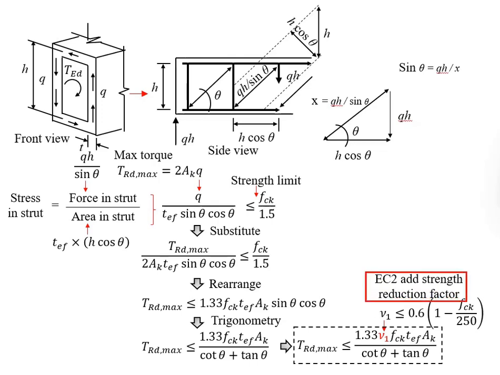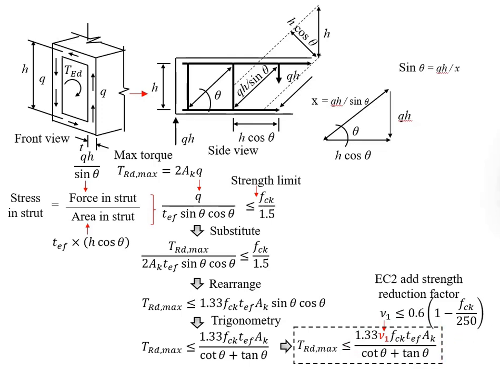This strength reduction factor's formula is given here, which is in the function of fck, leaving you the final formula to determine the maximum torsional force that can act onto a member equal to this.